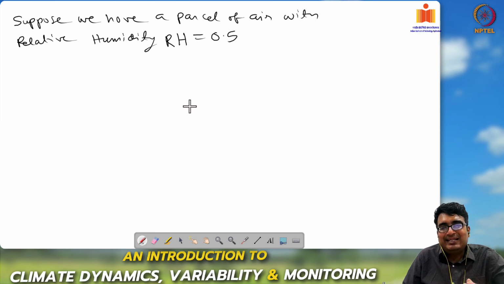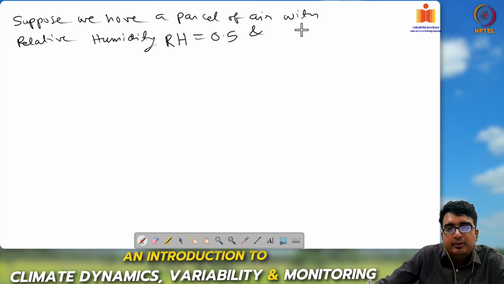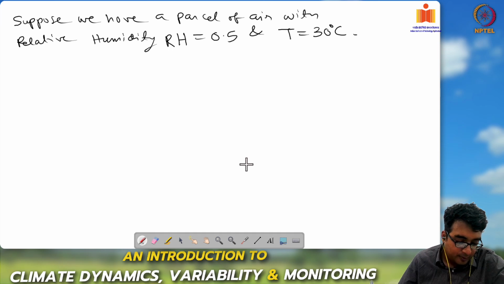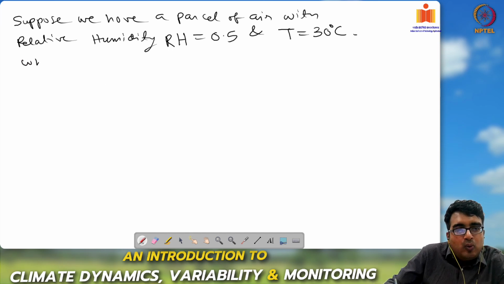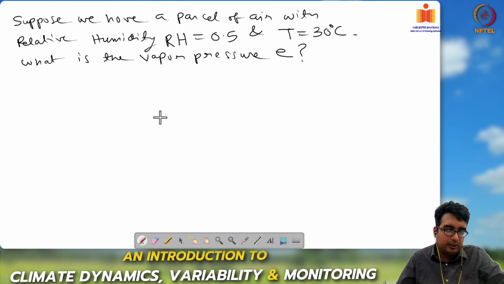So what this tells us is that the vapor pressure is half the saturation vapor pressure at this condition, and the temperature is 30 degrees centigrade for this parcel of air. What is the vapor pressure E?